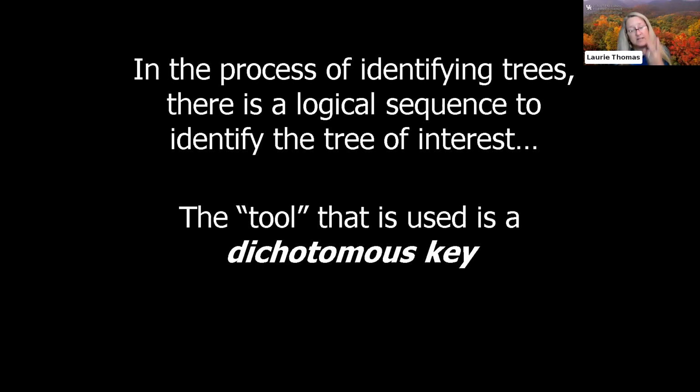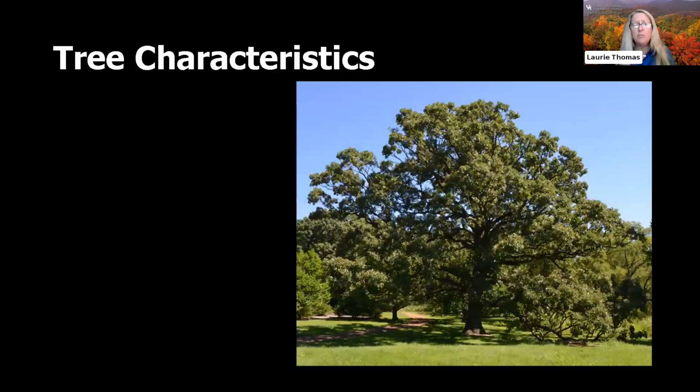It's dichotomous, so things are going to be in sets of two. It's going to ask us two questions. You'll answer those questions or find the appropriate statement, and then it's going to lead you to two more questions or statements, and you're going to find whichever matches the organism you're looking at. It eventually narrows it down and takes you to an array of what could potentially be your organism. So it's a great little tool to use.